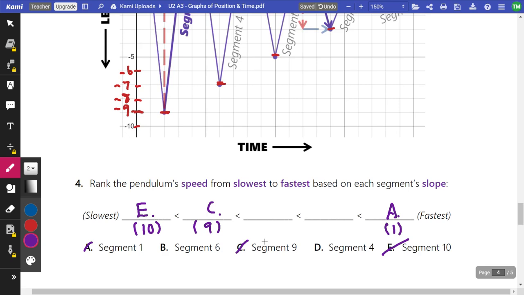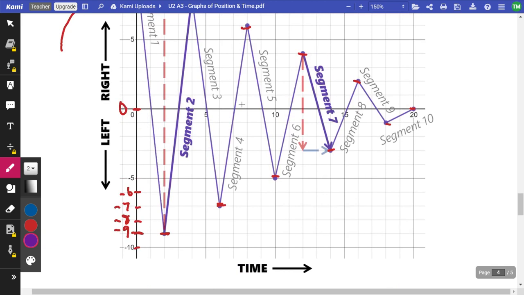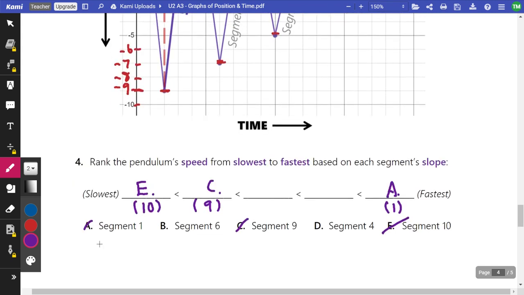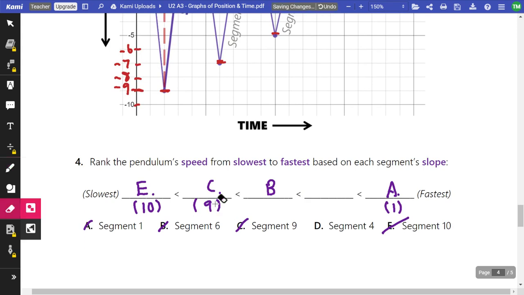All right. And then segment 6 is going to be the next slowest from that. It is faster than segment 9. It's steeper than segment 9, but it's still not super fast. That would be B, or segment 6.